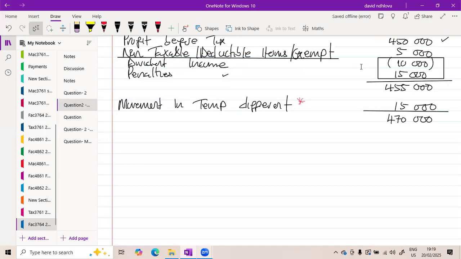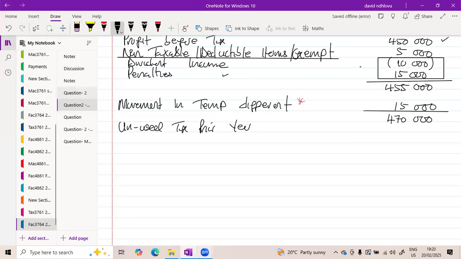Right. Once we have that 450, we then say at the end of the year 2011, remember, we are in 2012. We then say unused tax losses, prior year.